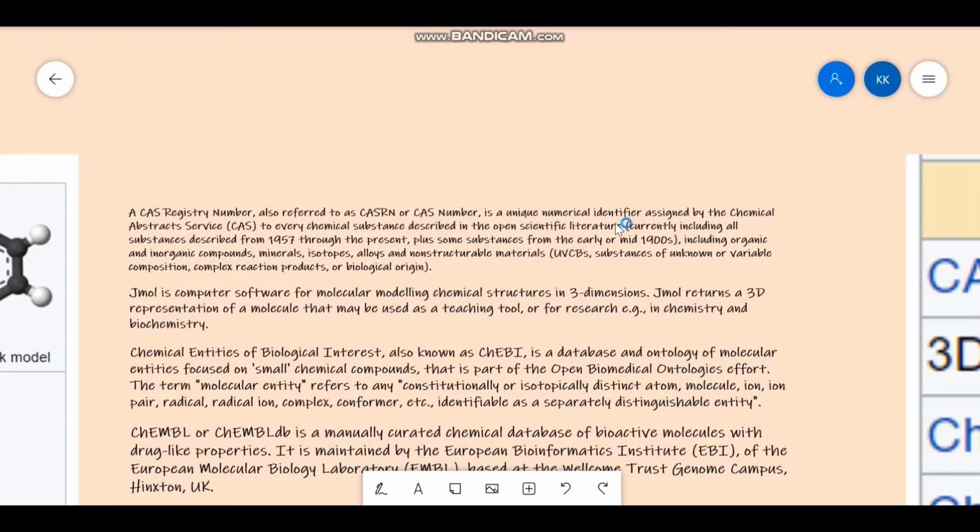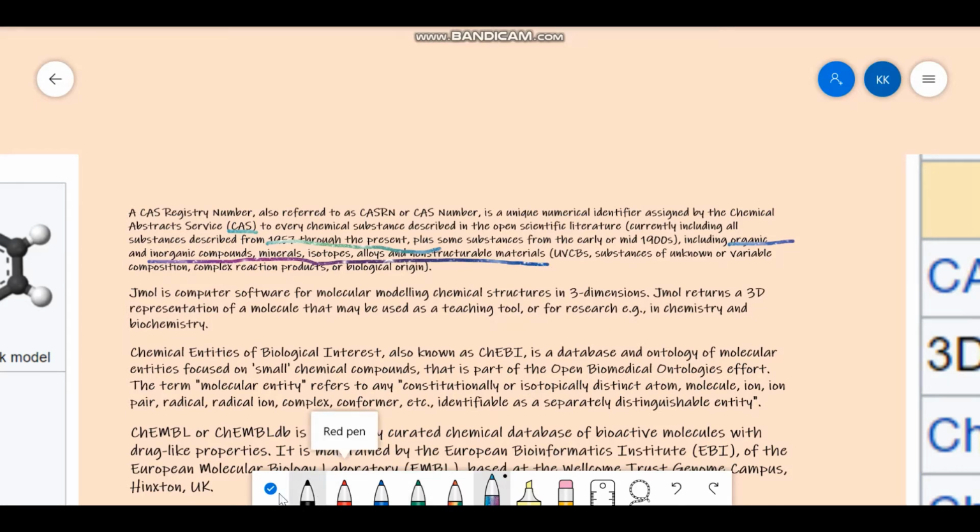It is a unique numerical identifier assigned by the Chemical Abstracts Service, so that is where we get the abbreviation CAS, to every chemical substance described in the open scientific literature currently, including all substances derived from 1957 through the present, plus some substances from the early or mid 1900s, including organic and inorganic compounds, minerals, isotopes, alloys, and non-structurable materials.